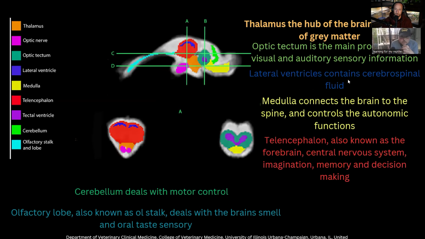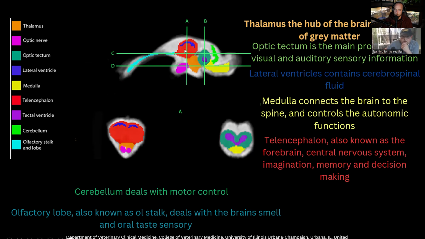We see the different colors. We'll start with the light blue here at the top. This is the olfactory stalk. This is an MRI from a bearded dragon brain.